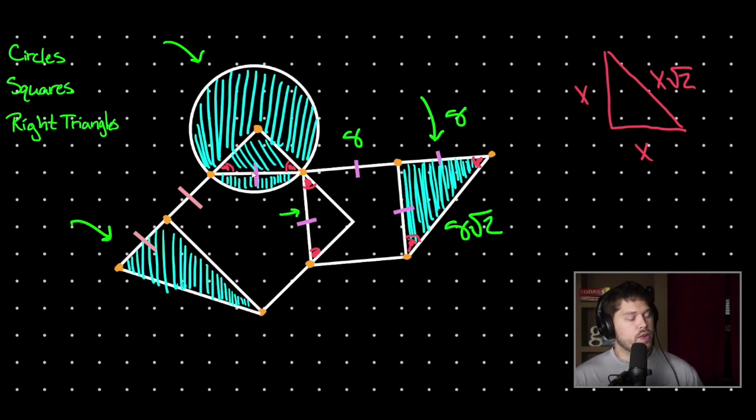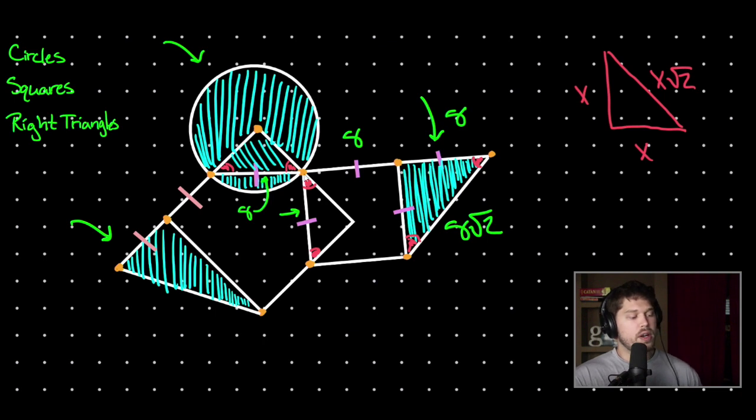Moving into the triangle within our circle, we can see that it is also a 45, 45, 90 right triangle, as the two legs of this triangle are radii of our circle, and the hypotenuse is given to be congruent to the side length of our square, and so it also must be a value of 8 right here.